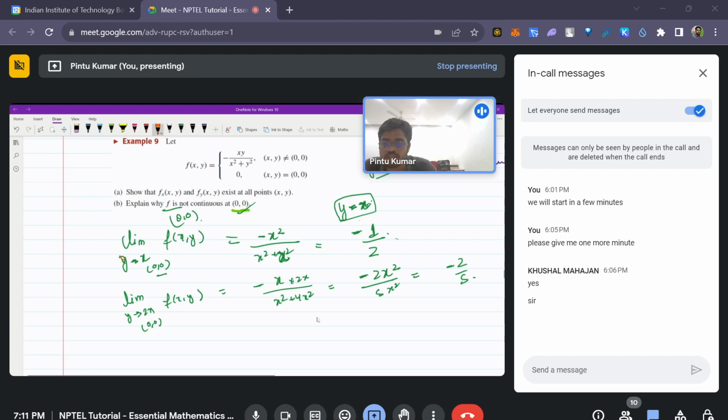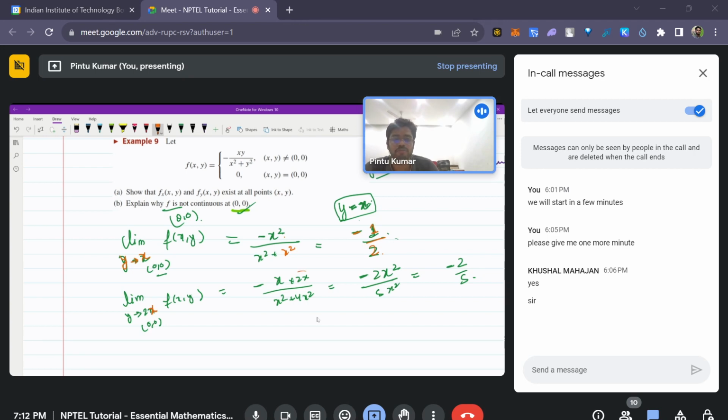Here what we did is, we were going through the line y is equal to x, so we just replaced y everywhere with x. The top term became x minus x square, here it became x square plus x square. So on the top we have 1x square, on the bottom we have 2x square, so this became minus 1 by 2. The next time we approached via the line y equal to 2x.